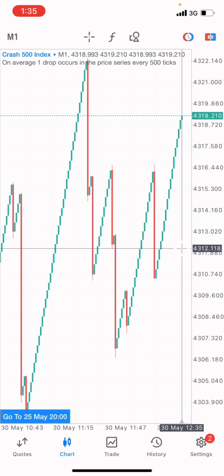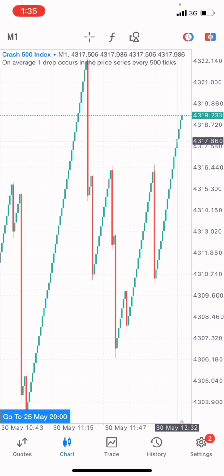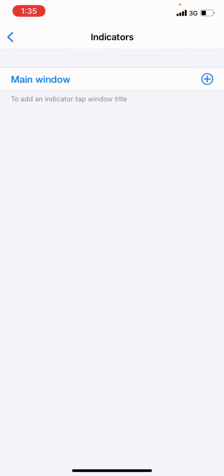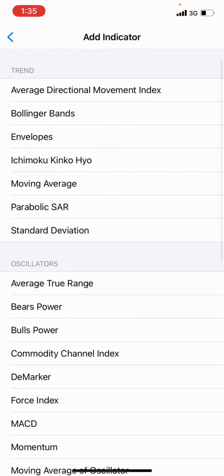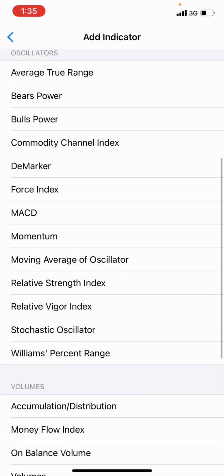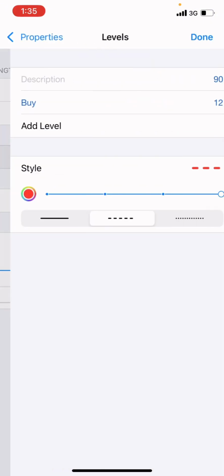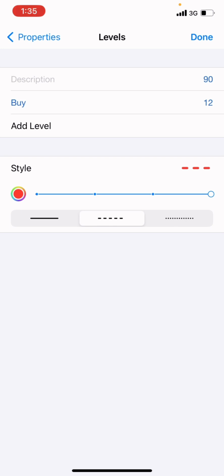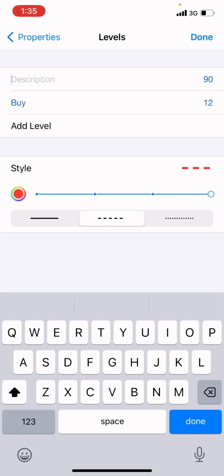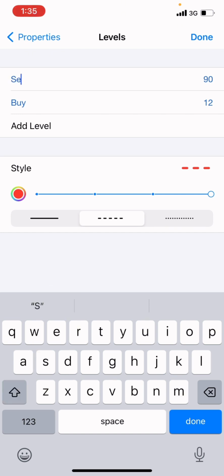So we'll go back to the 1 minute time frame, but we don't want to place a buy at this point. So we're going to put some indicators into our trade. Put in the RSI first. That is the simplest indicator for you to understand. For the RSI, you choose the levels. The level you put here at 90 is going to be sell.